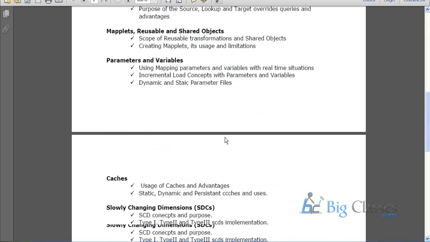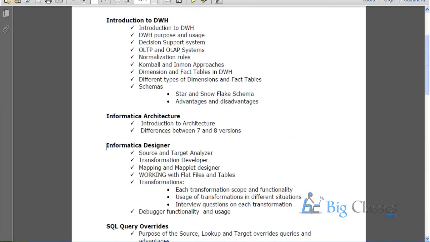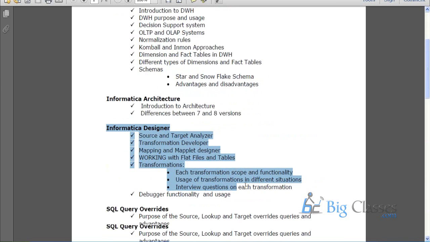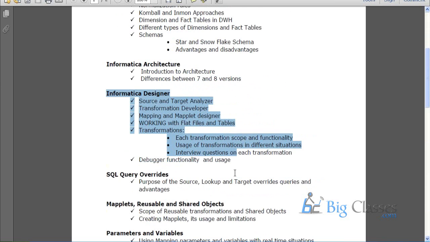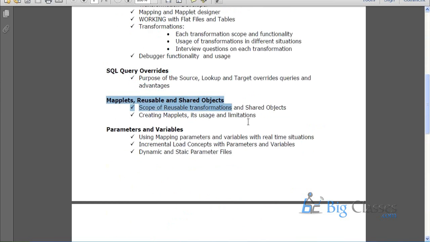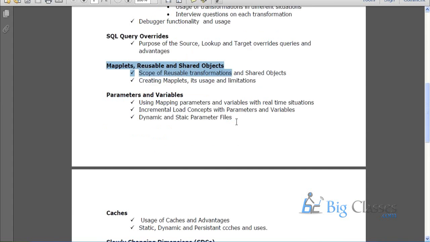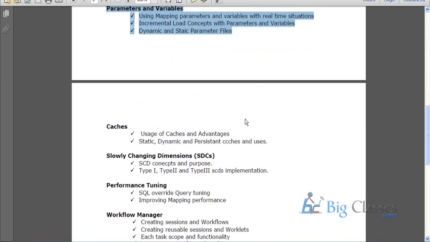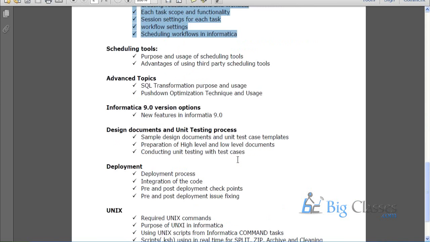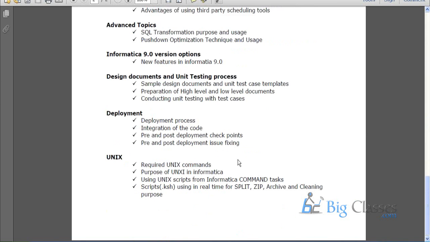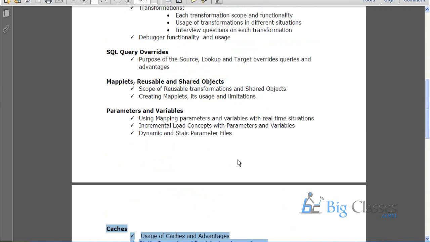If you are already aware of Informatica, you can go through this content. I'm going to cover the complete topics with real-time SQL overrides, mapplets, reusable and shared concepts, parameters and variables, caches, slowly changing dimensions. So this is the complete course content. It will take 30 to 35 hours.